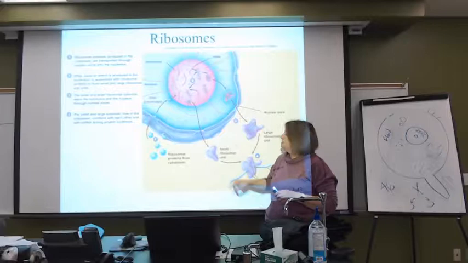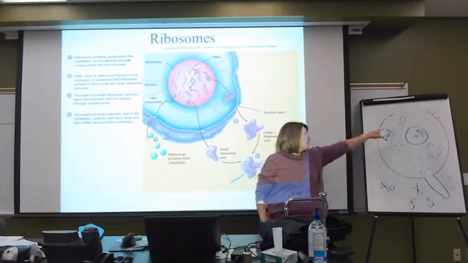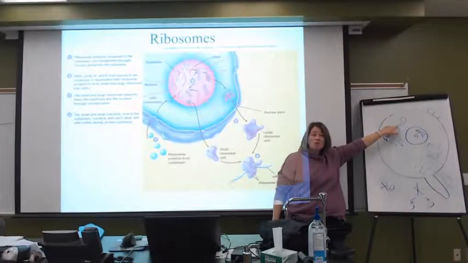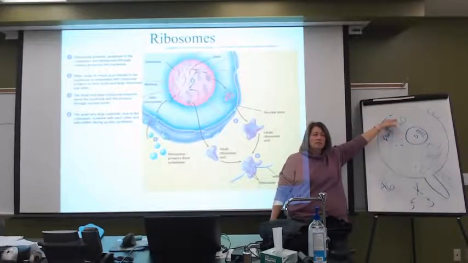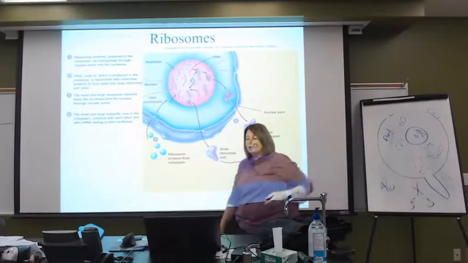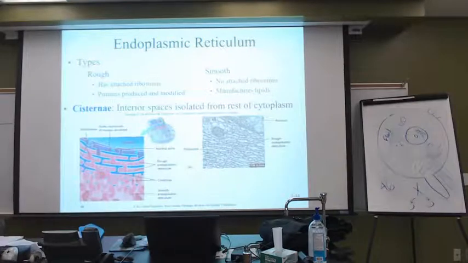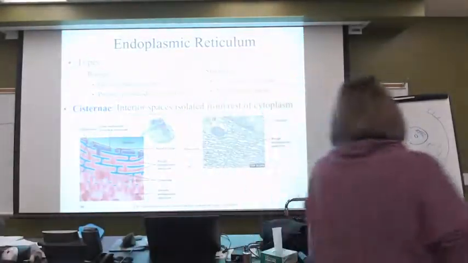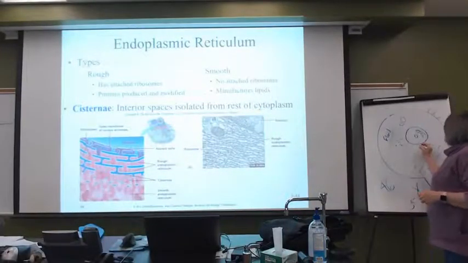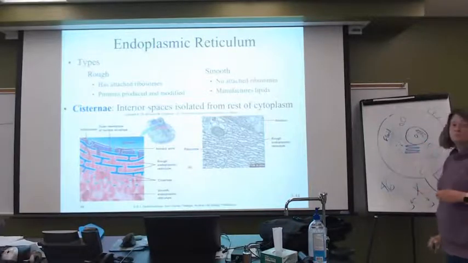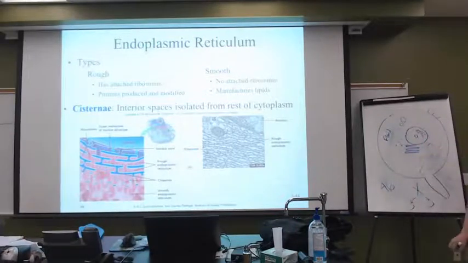Ribosomes contain a small unit and a large unit, which I tried to represent here. And their goal, protein synthesis. The free ribosomes make something that stays inside the cell. If the ribosome attaches to my endoplasmic reticulum, it makes a product that goes out.